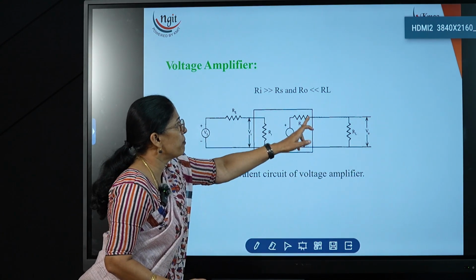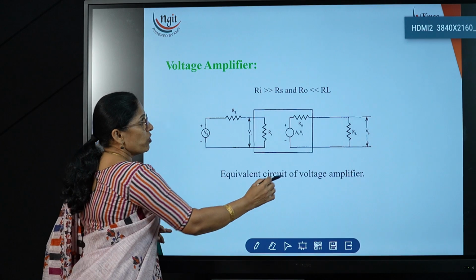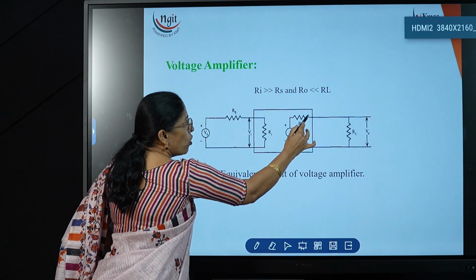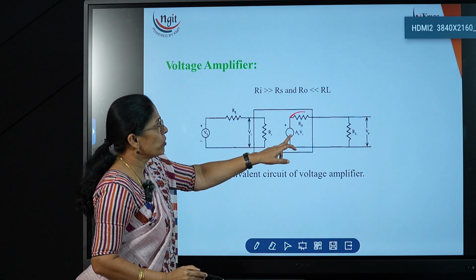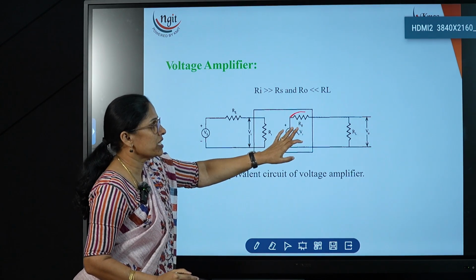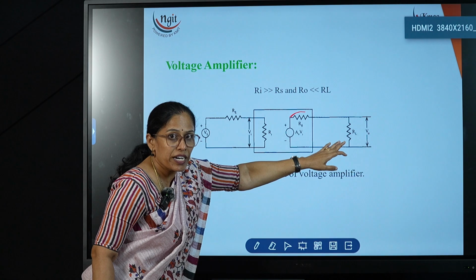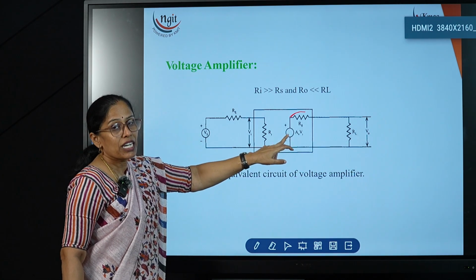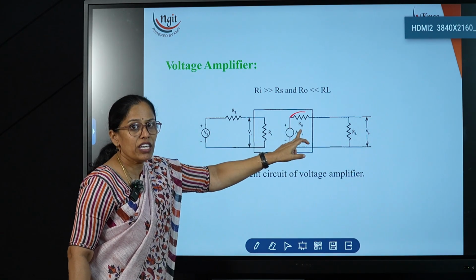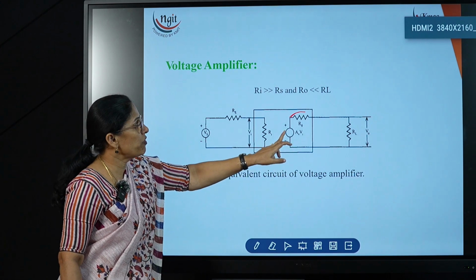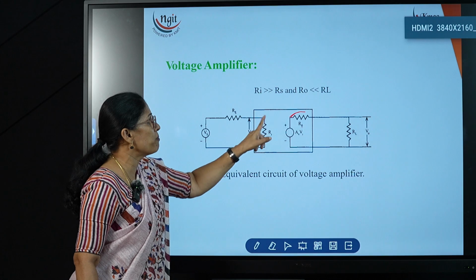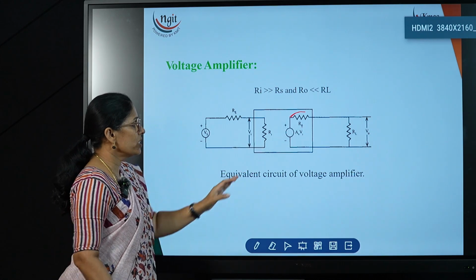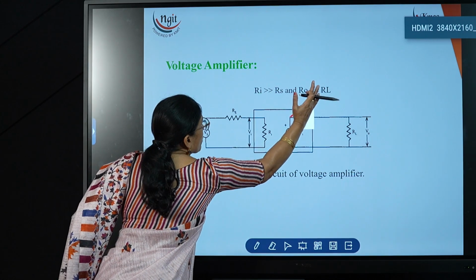If we are taking the voltage at the output side, we have to draw the equivalent diagram as a voltage source in series with a resistor. If we are taking the current as output, then we have to draw the current source in parallel with the internal resistor. This is the amplifier internal. R0 is the amplifier output resistance, Ri is the amplifier input resistance. Now this is the equivalent diagram.